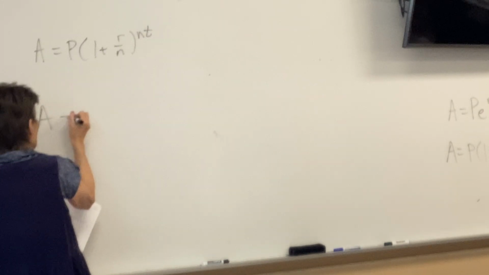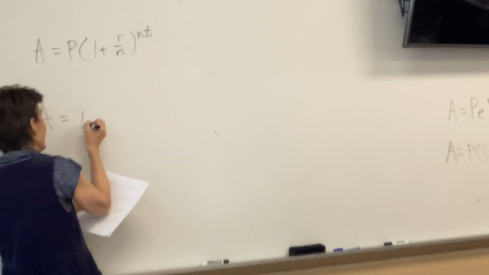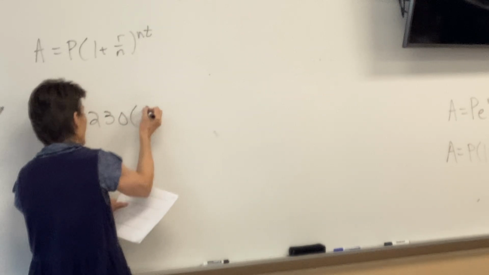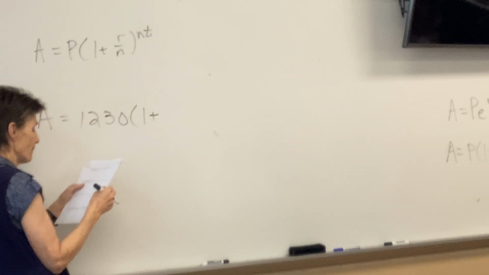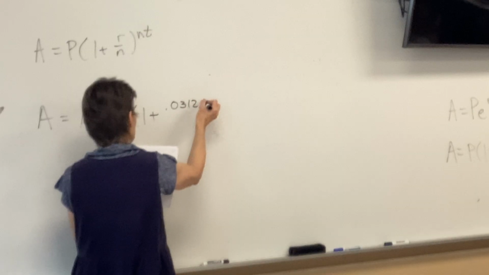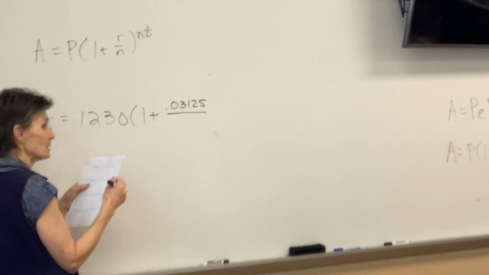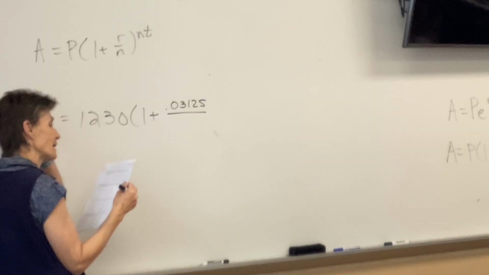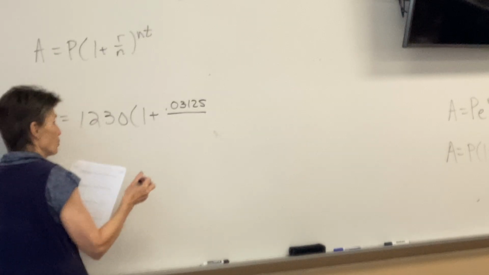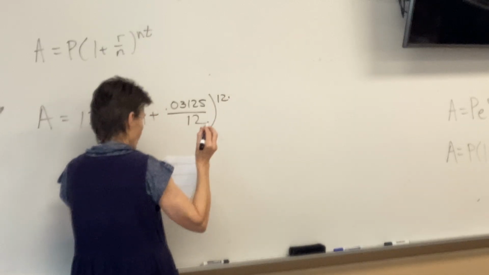How much will be in the account if $1,230 is invested at 0.03125, compounded monthly, so my n is 12, and I'm waiting for 10 years?